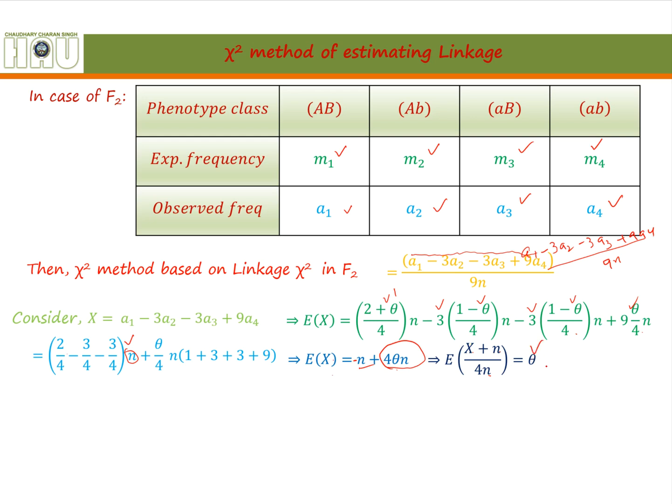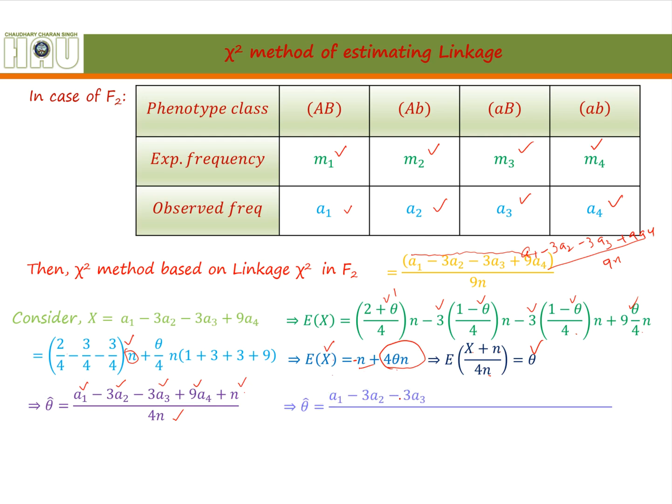So theta cap can be estimated as A1 minus 3A2 minus 3A3 plus 9A4 plus n, divided by 4n. And if I substitute the value of n here and simplify it, then theta cap can be written like that.